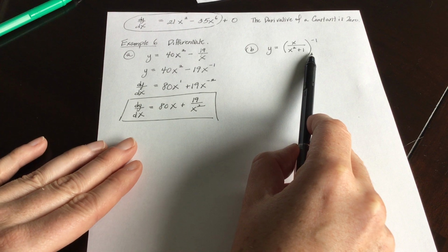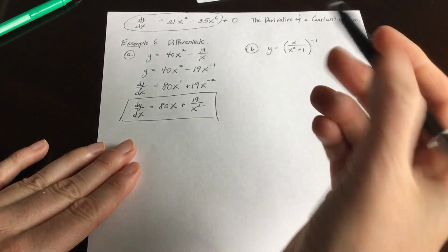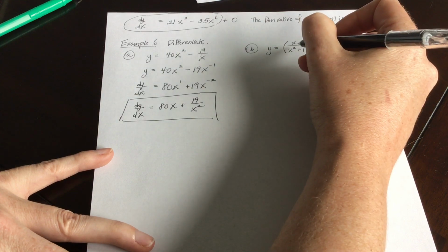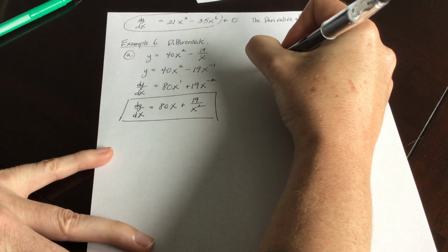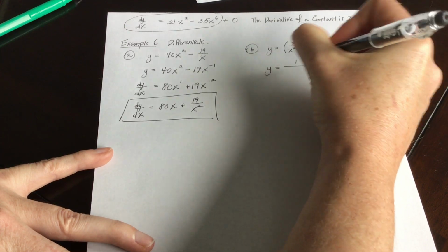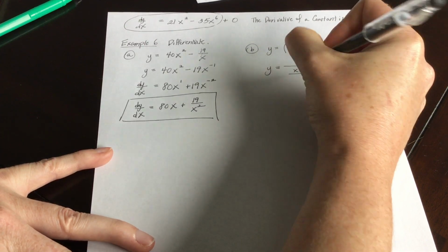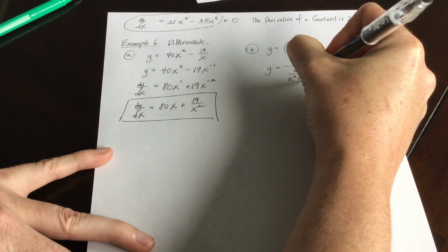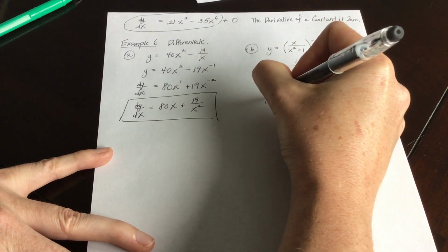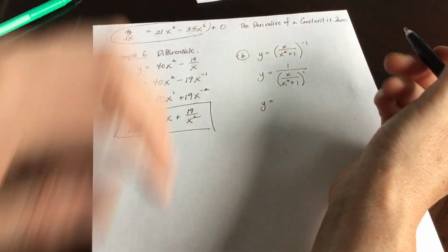So that art of algebra before calculus is all the more important. So let's think about what a negative 1 exponent would do to a fraction. I'll show this in 2 steps. By definition, it would be 1 over this base to the positive 1 power, which really has the effect of flipping your fraction upside down.